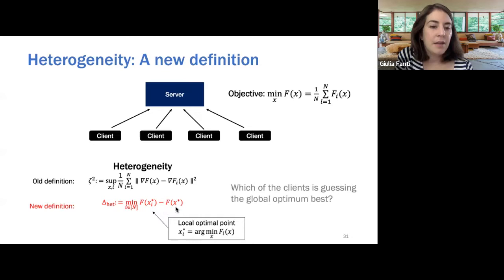It takes the global objective evaluated at the global optimum, which is this term on the right, and subtracts it from each of the local optima, xi star, evaluating the global objective at each of those points. Our new heterogeneity definition takes the smallest such gap. So effectively, it's asking which of the clients is guessing the global optimum best, based only on their local objective.